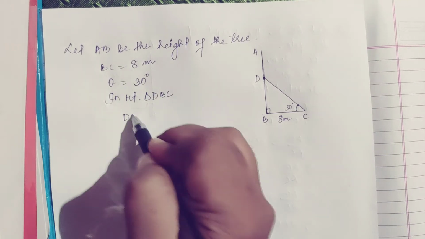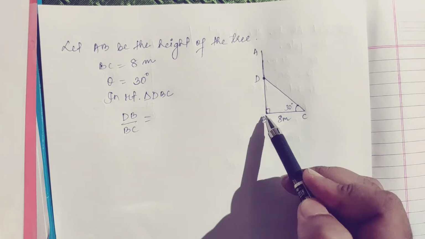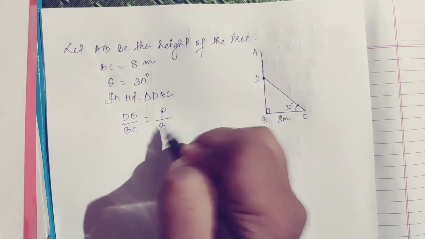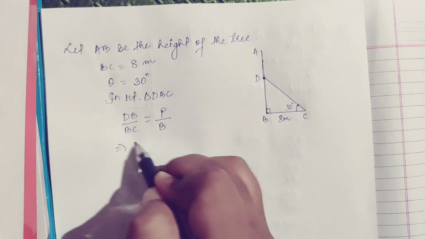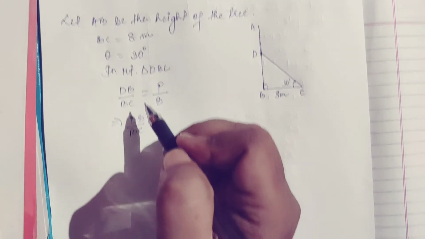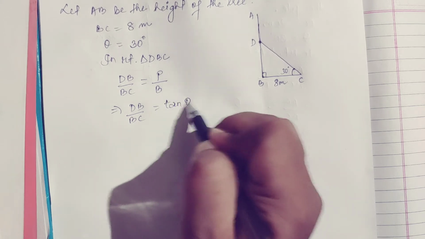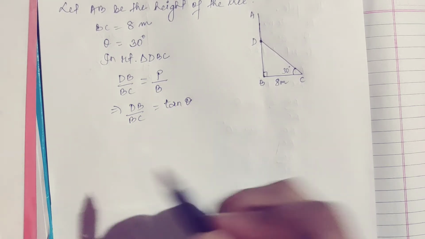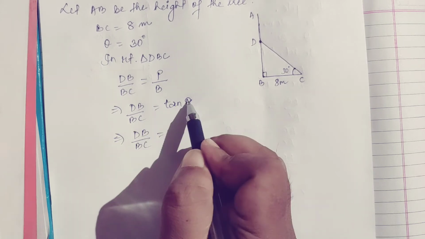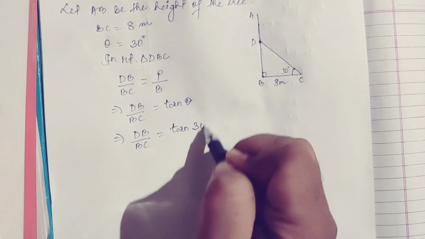See, this DB is perpendicular and this BC is base, means P by B. So we can write DB by BC equal to P by B, perpendicular by base is tan theta. So in place of P by B we can write tan theta. And our theta is 30 degree, so it will be tan 30 degree.